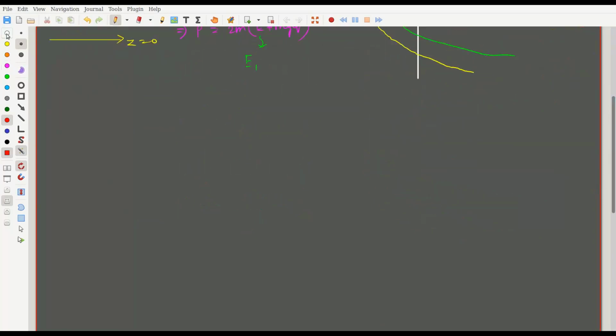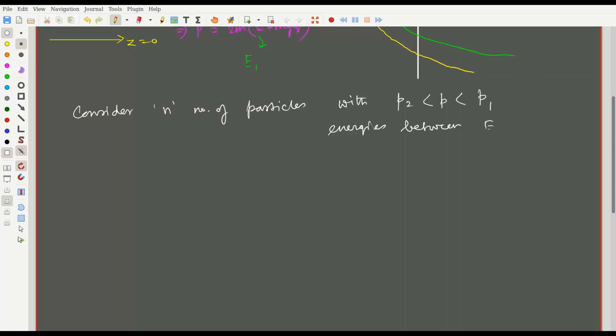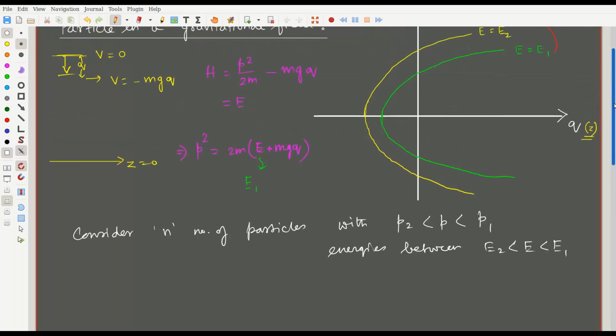Consider, say, N number of particles with their momentum enclosed between p1 and p2, and energies between E1 and E2.